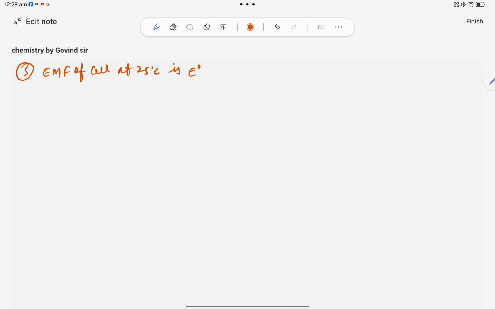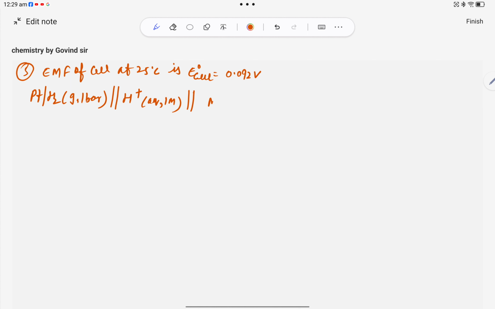E naught of cell is given, E naught of cell is equal to minus 0.92 volt, and the cell is platinum, hydrogen. So hydrogen is a gas and pressure is 1 bar. It's a standard hydrogen electrode. H plus is aqueous and 1 molar.